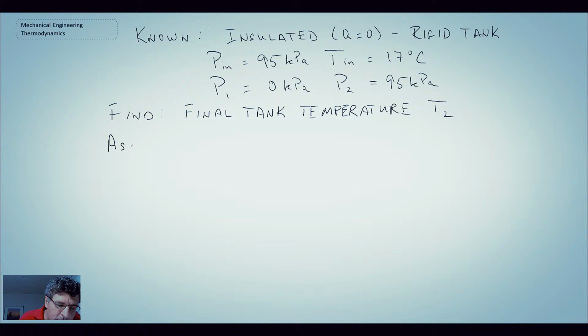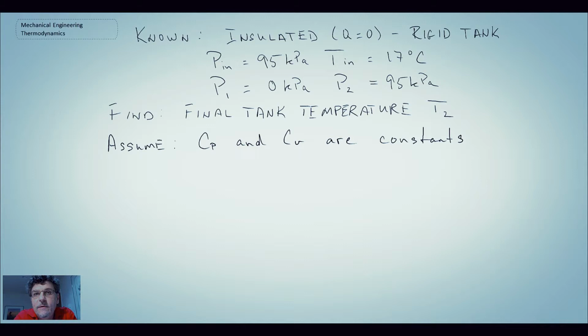And we're told to assume constant specific heat, so Cp and Cv are constants. So that's what we know about the problem, the information that has been provided and what we're trying to find.